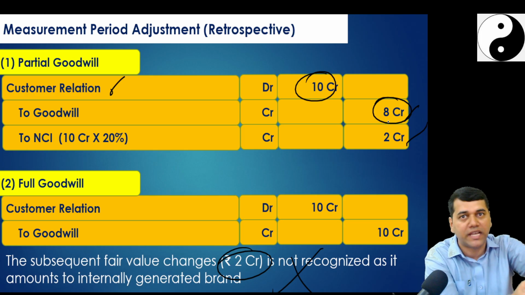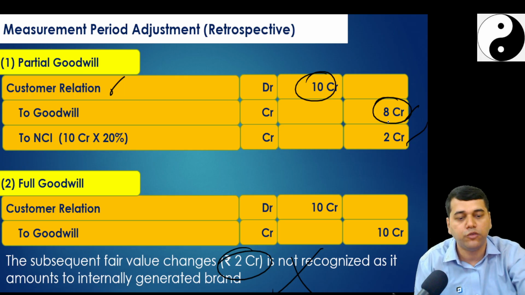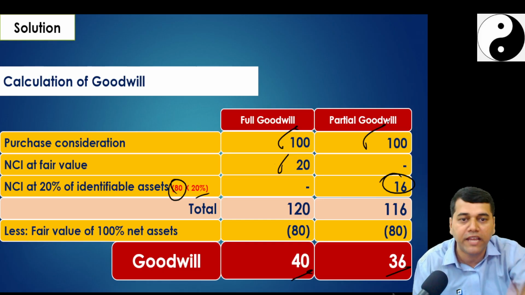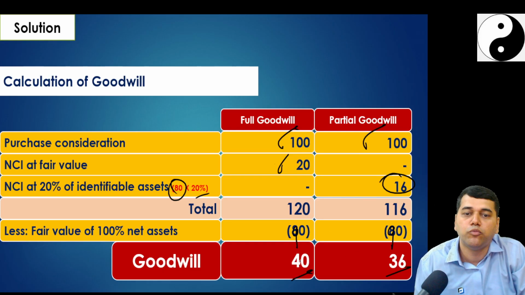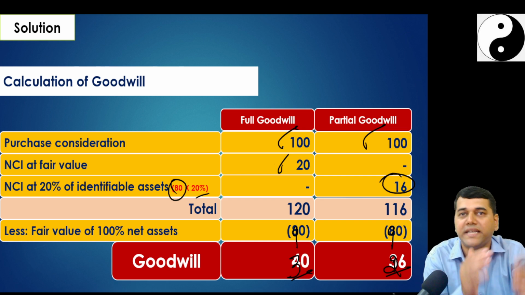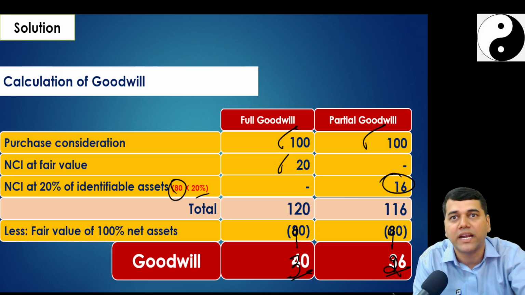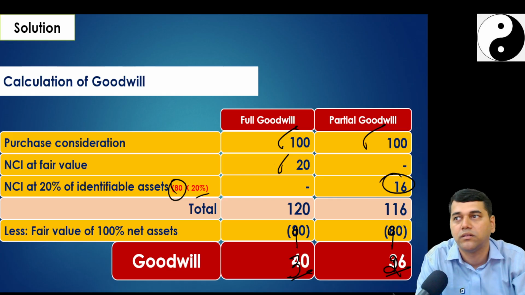The acquirer acquires one acquiree. The acquiree had a brand. I didn't know it. So previously, if I knew on day 1, I would have made this 90. The moment it is 90, my goodwill would have come down by 10. So the same thing I am doing right now: I am reducing my goodwill.